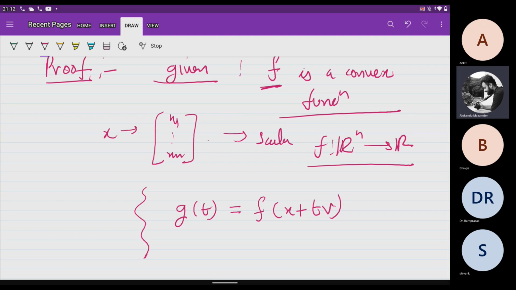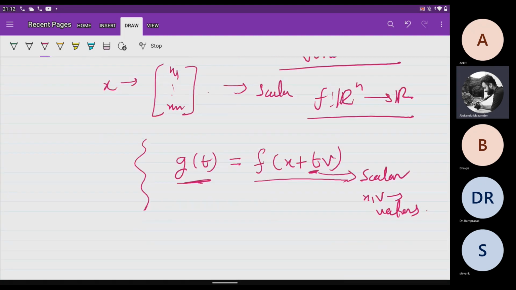I define a function g of t, which is nothing but f of x plus tv, where t is a scalar, and x and v are vectors. And I claim that g of t is also convex.